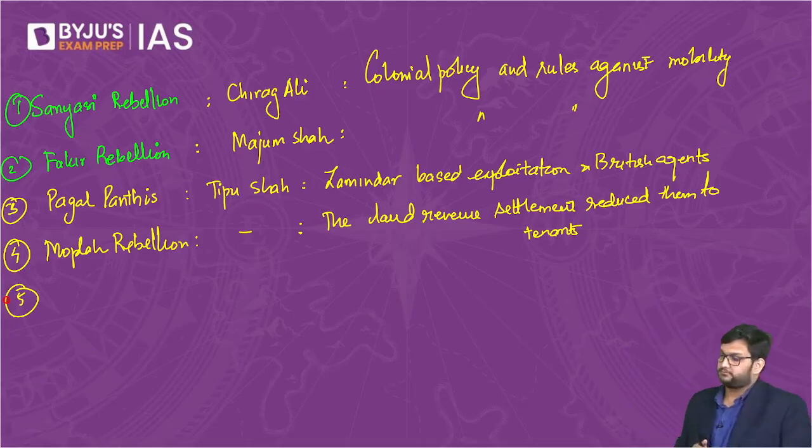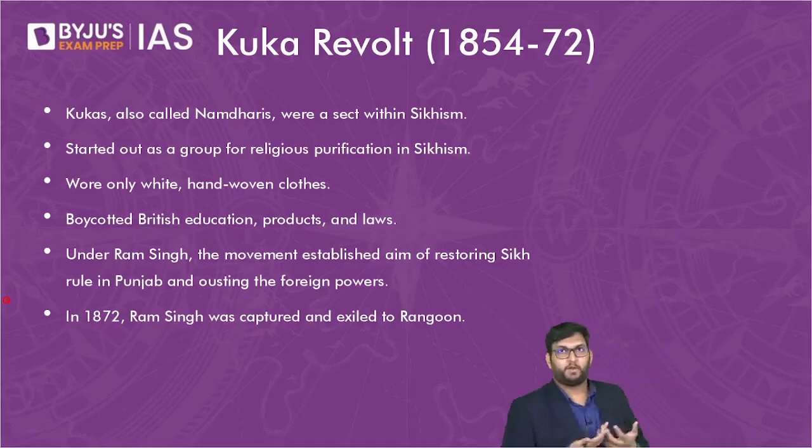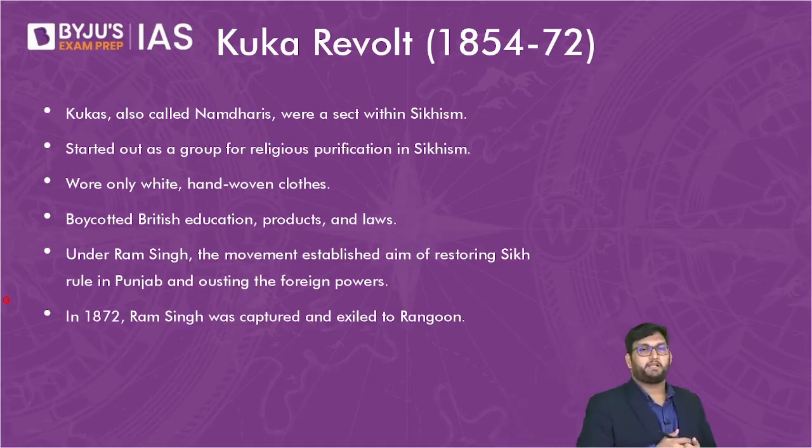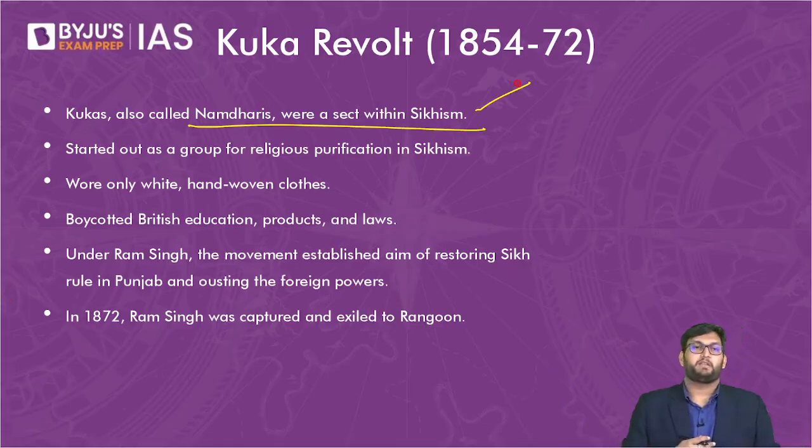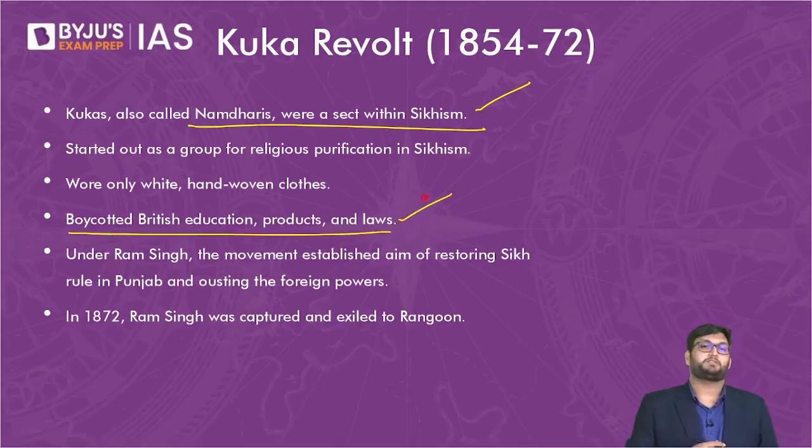Okay. Now, thereafter, Kuka, we already discussed this yesterday. The Kuka or the Namdharis sect of Sikhism started with the purification of Sikhism. However, they will start to boycott British products also.